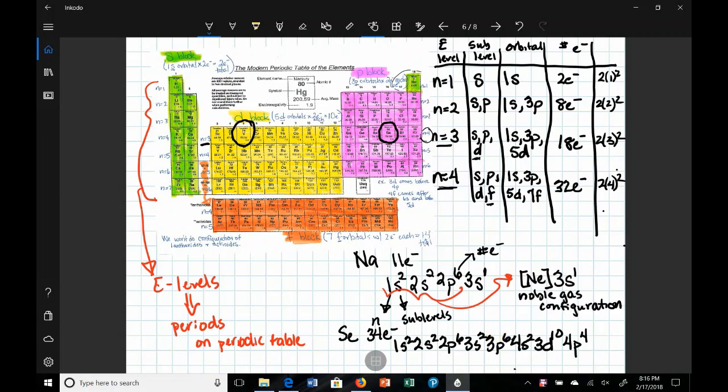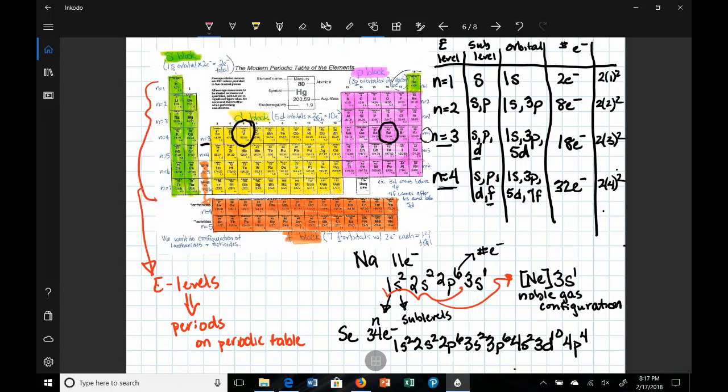Let's take a look at selenium. Selenium, the previous noble gas here, is argon. Argon has 18 electrons, so we can count out the first 18 electrons. And that is 2, 8, 8. And we have these guys here.